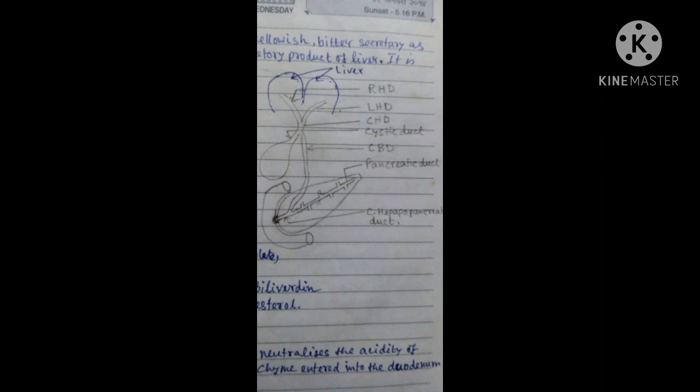And endocrine part, that is alpha cells, secrete glucagon, beta cells secrete insulin, and delta cells secrete somatostatin hormone. And particularly this hormone, somatostatin hormone, plays an important role in digestion. We shall discuss it later. So these are the functions of pancreas.